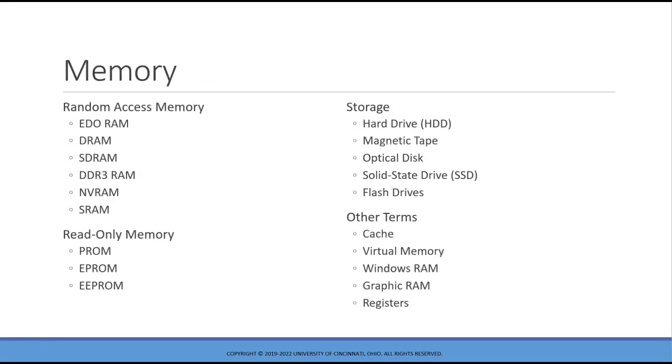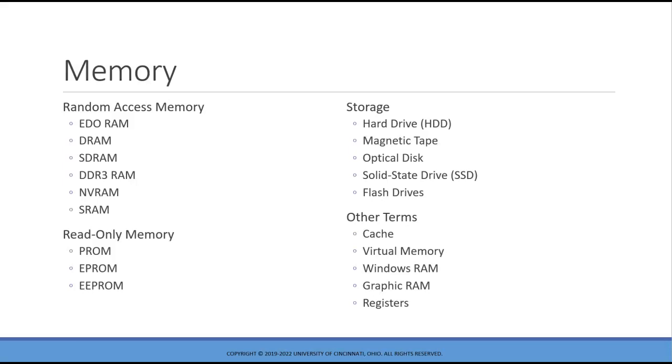Memory is defined as a physical device capable of storing data. There is temporary memory like random access memory, RAM, which includes dual inline memory modules, DIMM, Rambus inline memory modules, RIMM, single inline memory modules, SIMM, small outline dual inline memory modules, SODIMM, static RAM, SRAM, dynamic RAM, SDRAM, and non-volatile RAM, NVRAM.